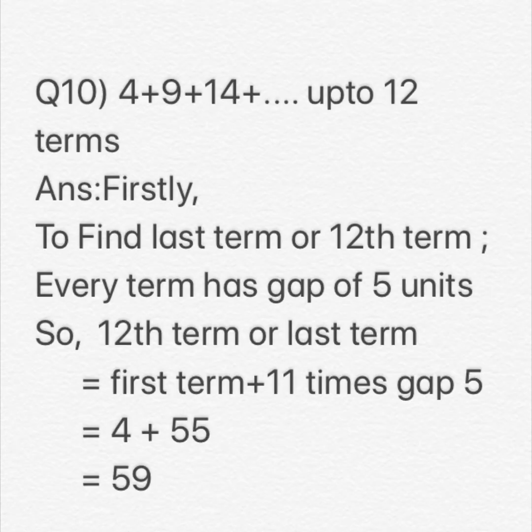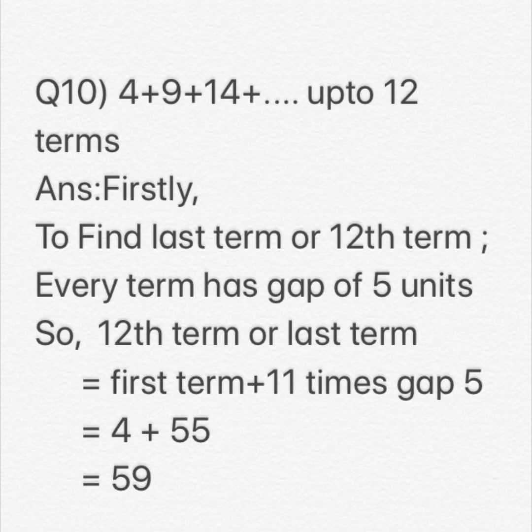Let's take up one more. This time it is 4 plus 9 plus 14 plus and so on up to 12 terms, meaning 12 terms of this arithmetic series to be added to get the required sum. To find a solution to this, first we have to find the last term, or the 12th term, of this arithmetic series.